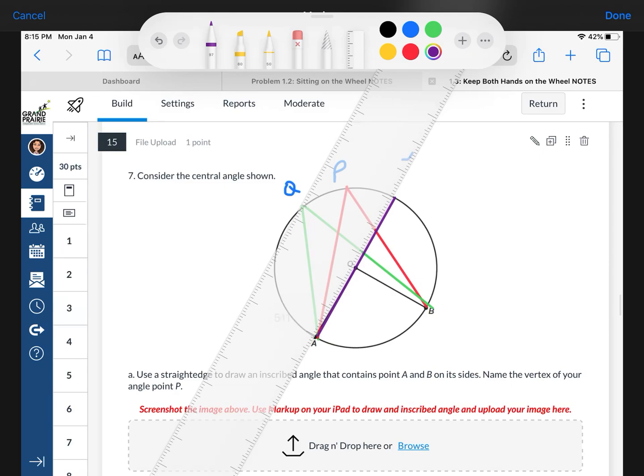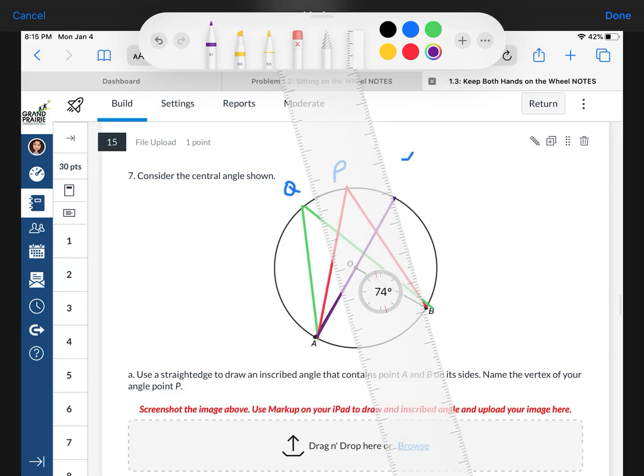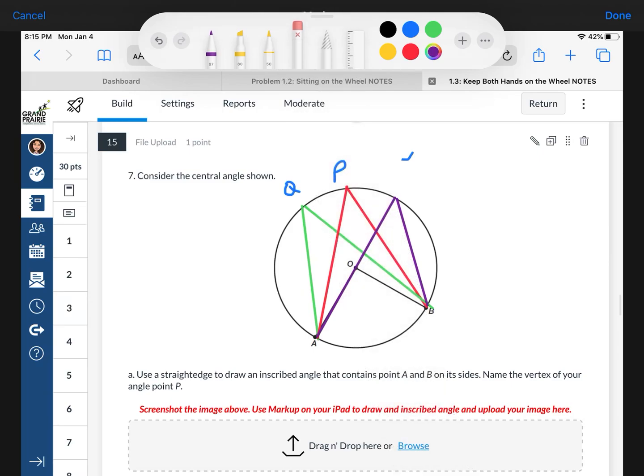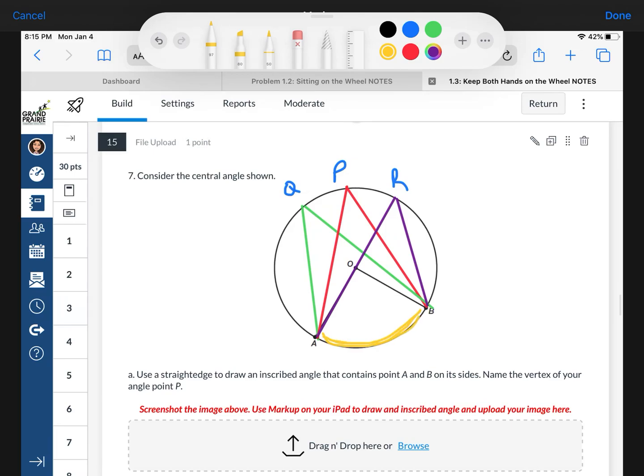What you should be seeing is that all of these inscribed angles are intercepting the same arc. And that's going to be very important in a few minutes. I believe they told me to name it R, the vertex R. Yep. Very good. I'm going to click done. And I just want to highlight here to help us see that they're all intercepting the same arc AB.